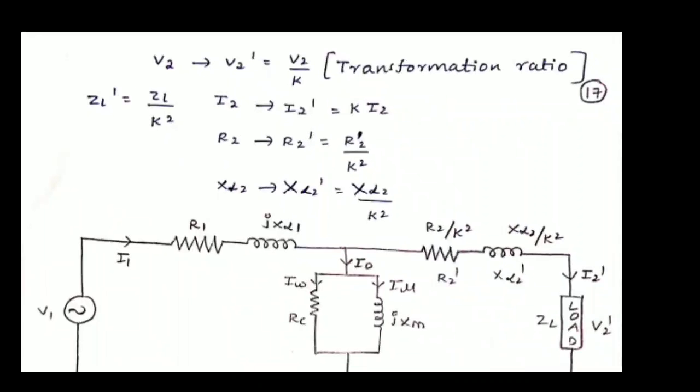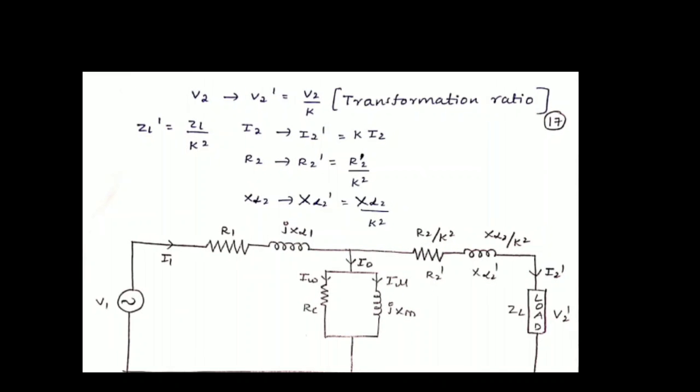Now V2 becomes V2 dash, and V2 dash is equal to V2 by K. Similarly I2 becomes I2 dash, and I2 dash is equal to K I2, very important, where K is the transformation ratio. R2 becomes R2 dash, and R2 dash is equal to R2 by K square, and similarly XL2 dash is equal to XL2 by K square.